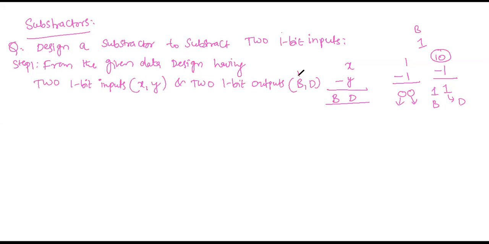B is borrow, d is difference. It is similar to sum and carry in the adder.